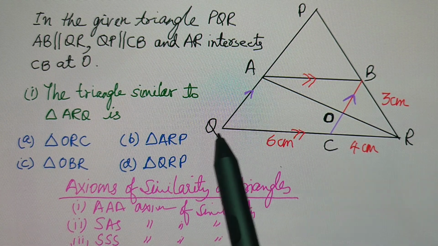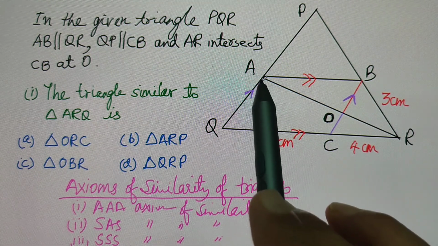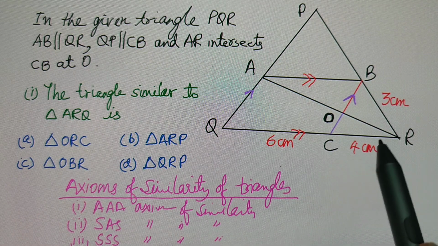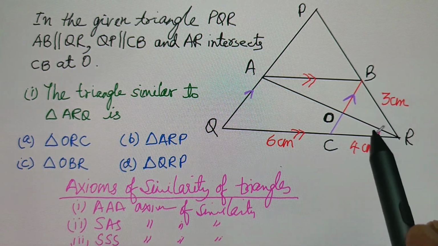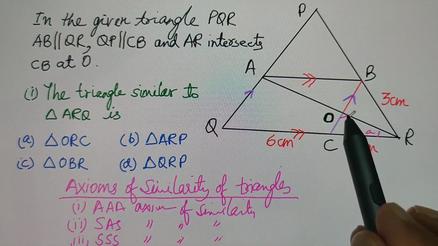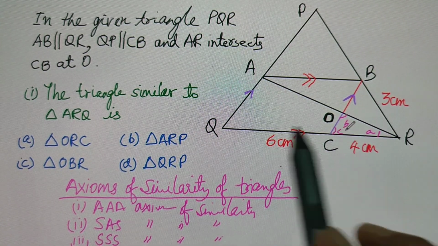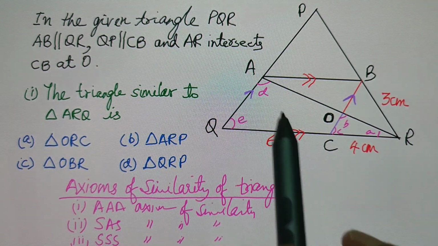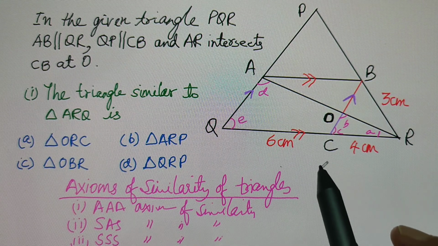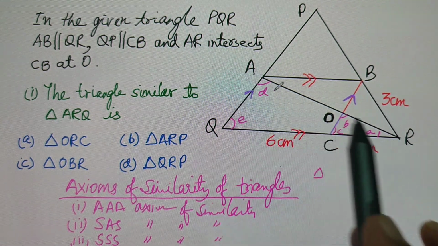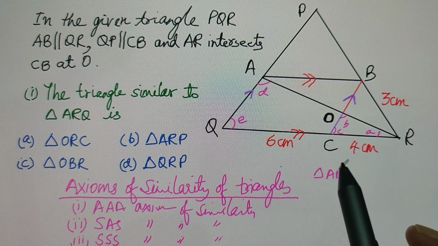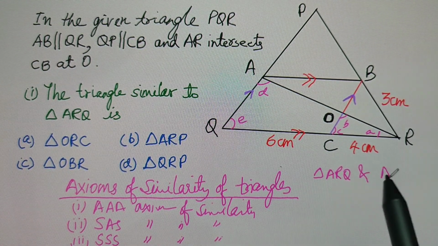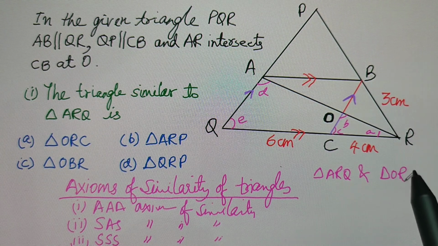Now let us consider the triangle ARQ. Now the four options have been given. Let us write this angle as A, this as B, and C, this as D, and then E. Now let us consider the triangle ARQ, and the first option is triangle ORC.